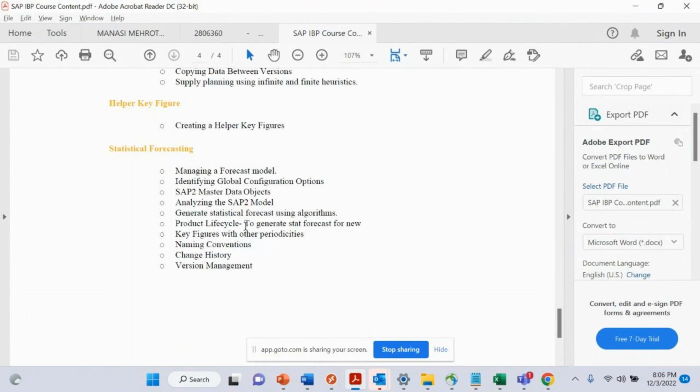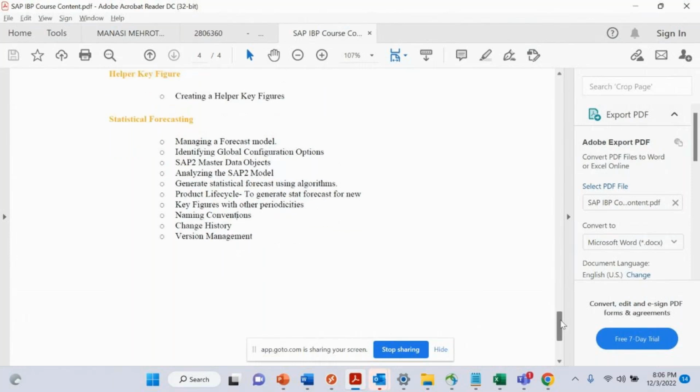What is PLM, product lifecycle management, which is dedicated to phased-out products or NPI, new product introductions. And the naming conventions for key figures and what the changes stand for. All these things we will cover in this session.